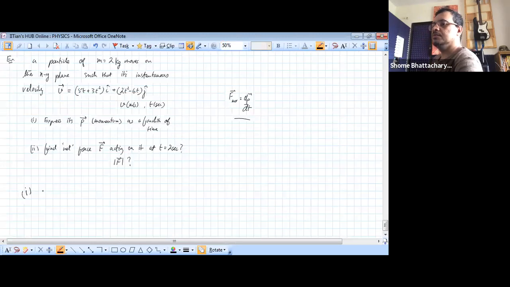So see, for momentum, just use the definition. It is mass into velocity. So the mass here is 2 kg and the velocity is that expression given to us, (5t + 3t^2) i cap plus the j cap part.